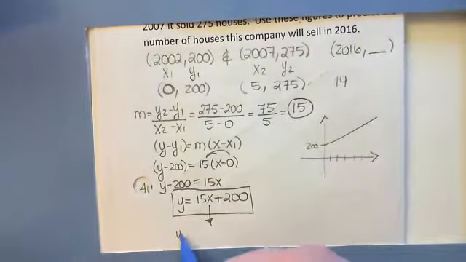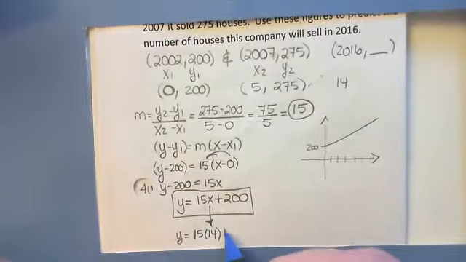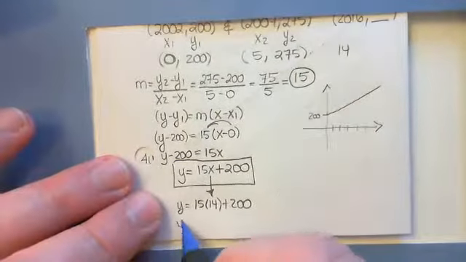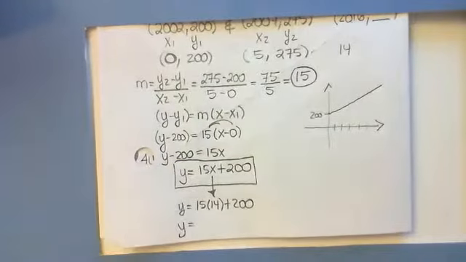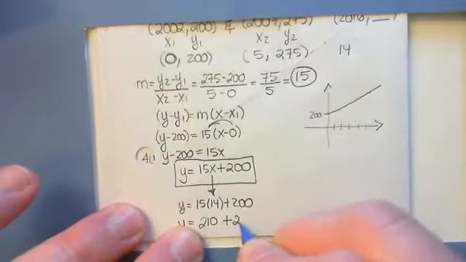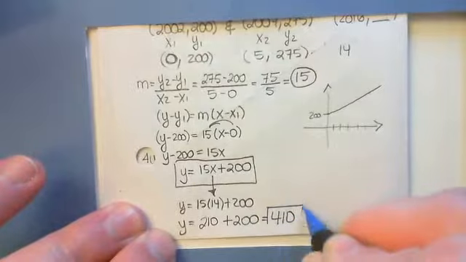So in 14 years, how many houses will I be selling? Let's check it out. That would be 15 times 14 is 210, plus 200 equals 410.